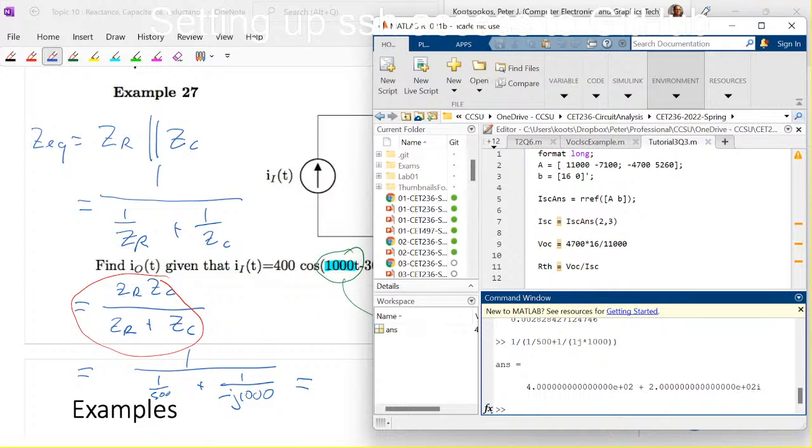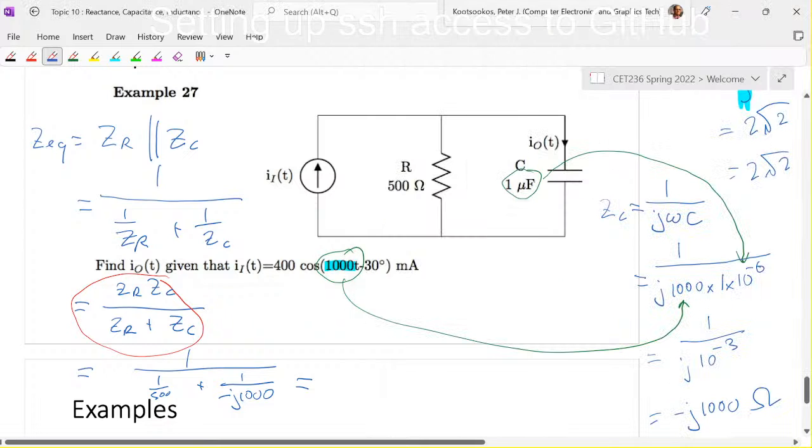Right, which is 400 plus J 200 by the looks of things. And again, units of ohms.